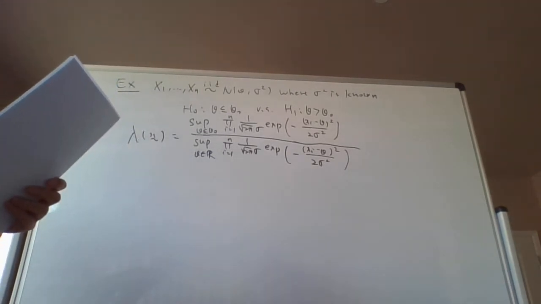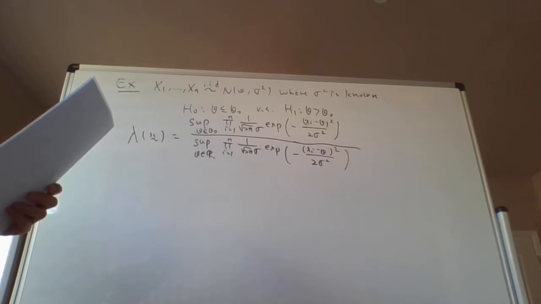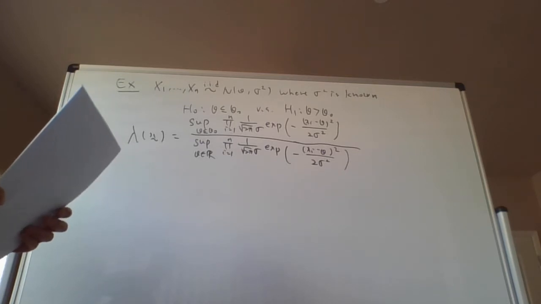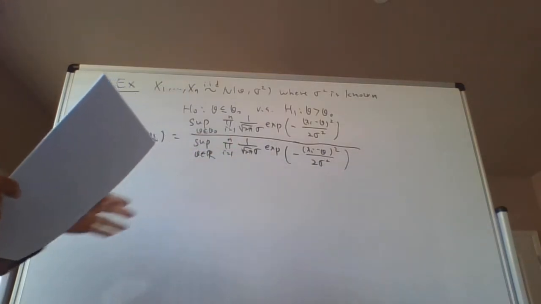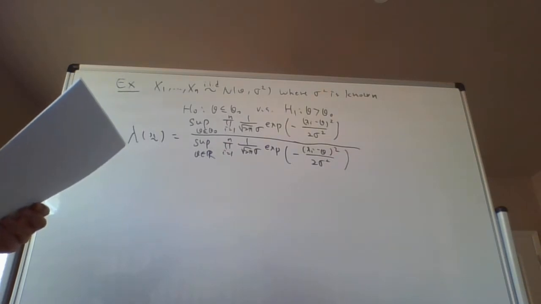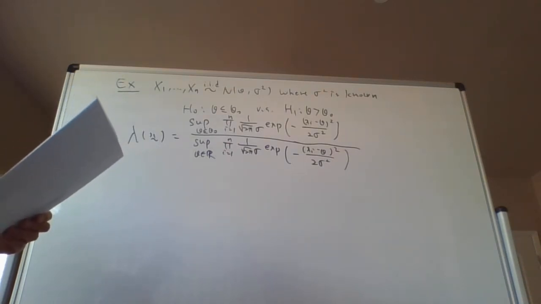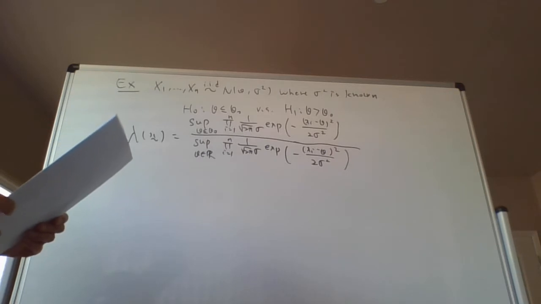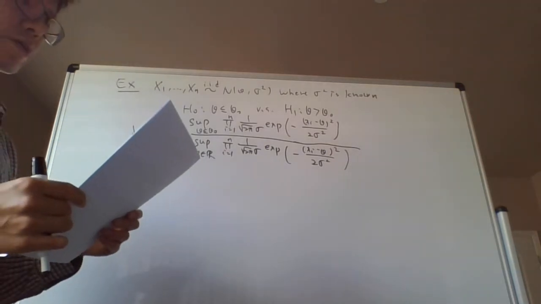and then for the denominator, we already know that the sum of (xi minus theta) squared is minimized when theta equals x bar, which maximizes the likelihood. So the maximum likelihood statistic for the denominator is the statistic that minimizes the sum of (xi minus theta) squared.